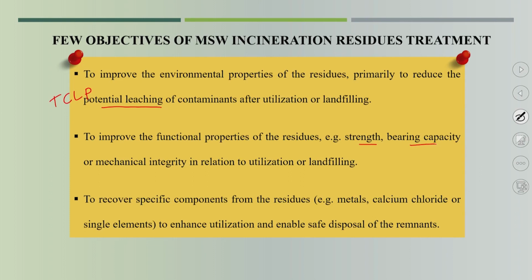And to recover specific components from the residues, like metals. You saw in the chemical composition that very large concentrations of metals are there. So, if we are able to separate those metals from these ashes, that will also be one of the benefits possible from the solid residue.